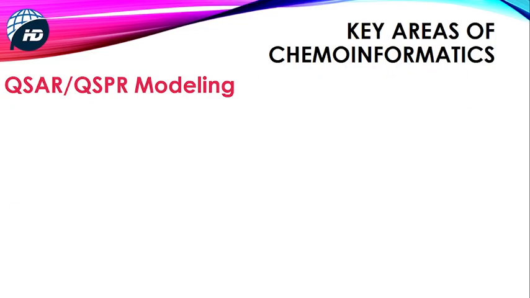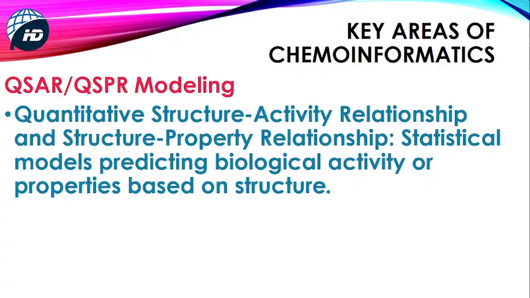Another key area of chemoinformatics is QSAR and QSPR modeling. We can use chemoinformatics to build QSAR. QSAR simply means quantitative structure activity relationship, while QSPR means quantitative structure property relationship.